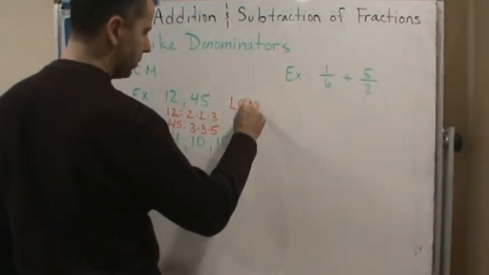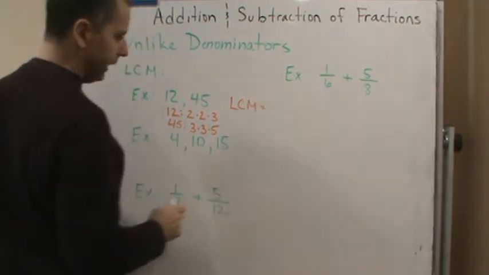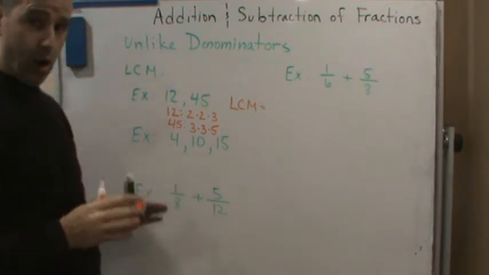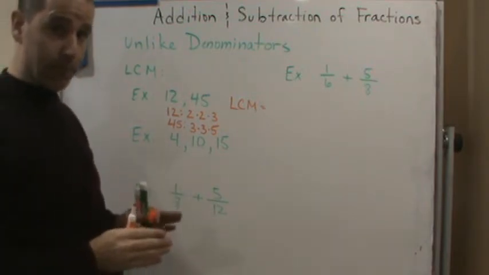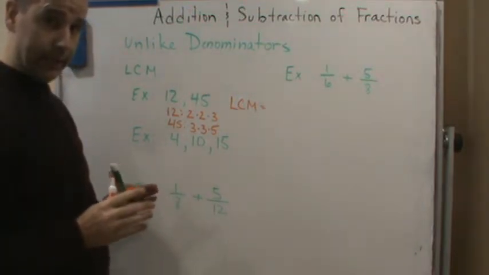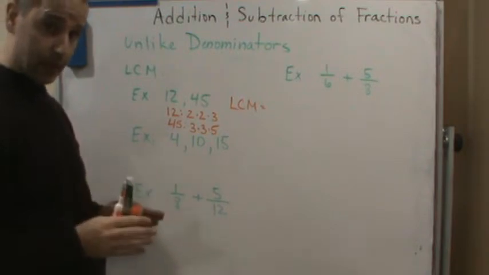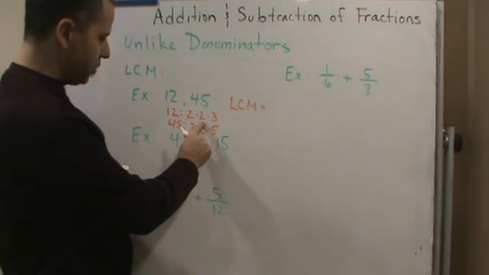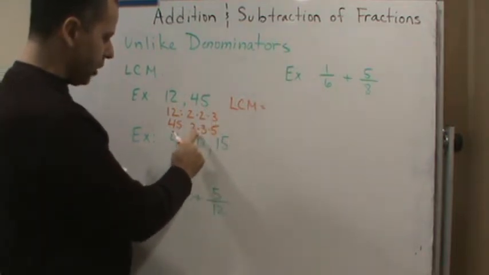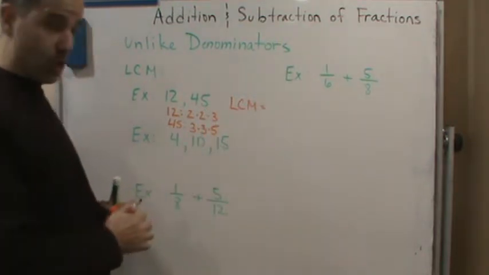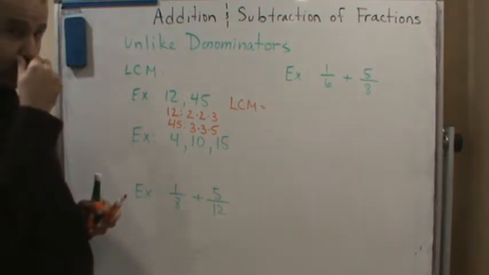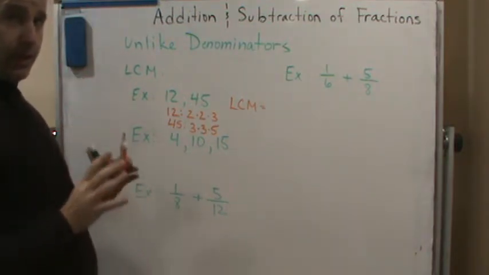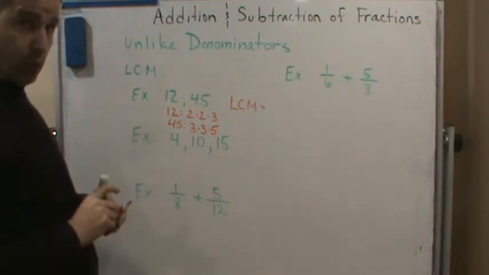The least common multiple equals, so here's what you're going to do. You're going to take all of the primes that show up in either factorization. In this case, 2 shows up, 3 shows up, and 5 shows up somewhere. So you take all the primes that show up in one or the other or both.